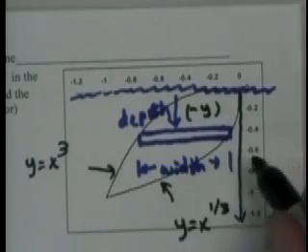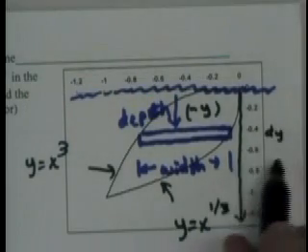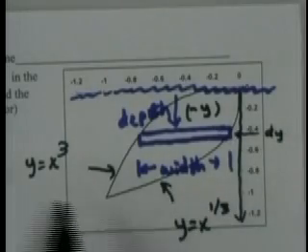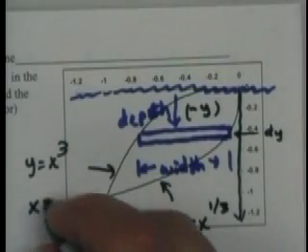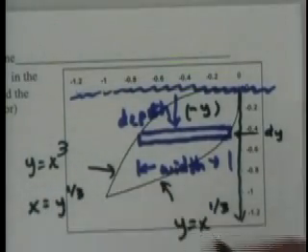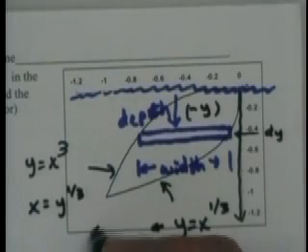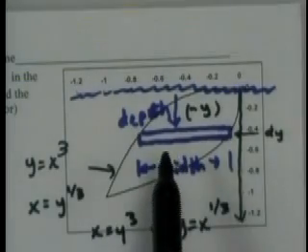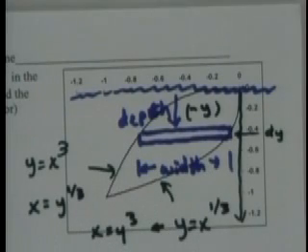But you'll notice that the slices we make have a dy as the thickness. So if our differential is dy, then I need to solve these for x in terms of y. So this becomes x equals y to the 1/3, just the opposite. And this becomes x equals y cubed. And so it becomes y cubed minus y to the 1/3.